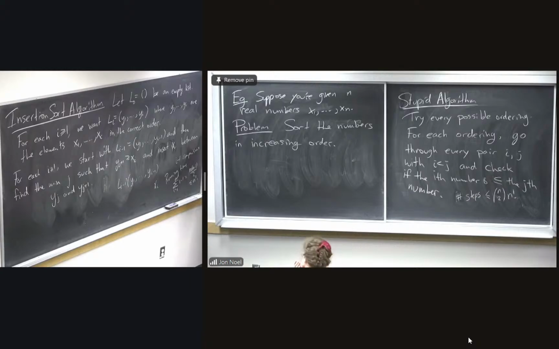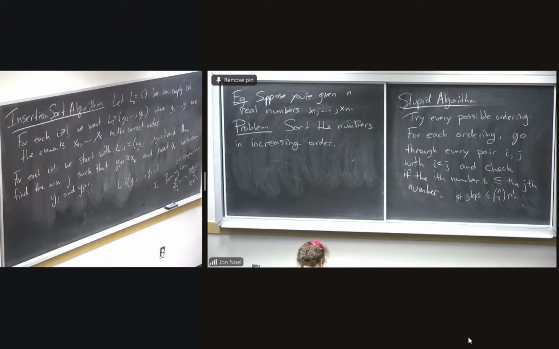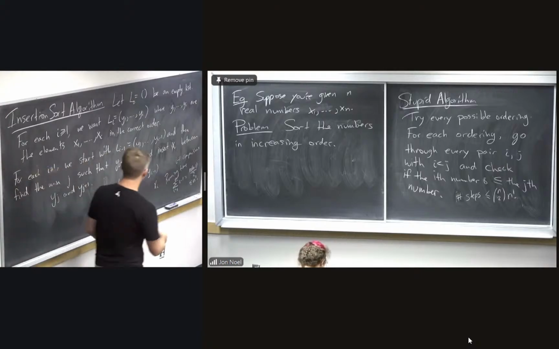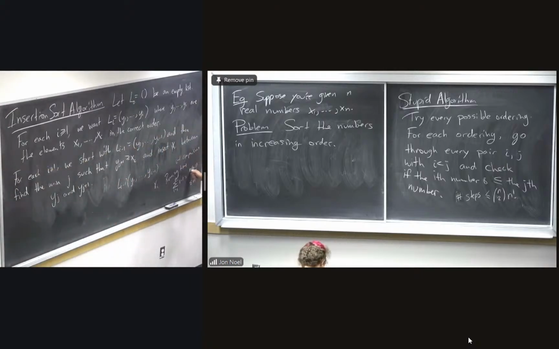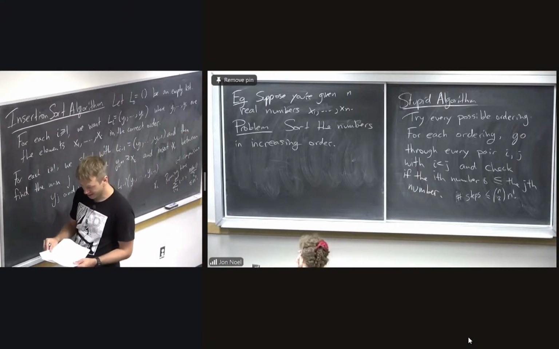If I take some value of n and I double it, is my algorithm going to take 4 times as long? Is it going to take 1,000 times as long? How is this going to scale as the size of n grows? So I'm not so concerned about these constants and things like that. So we should talk about big O notation.